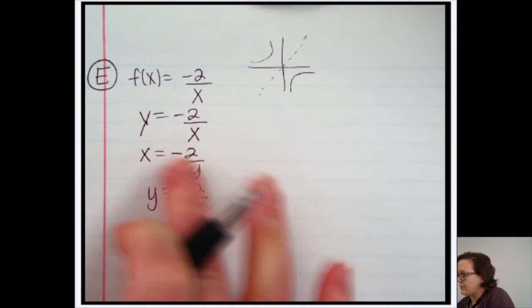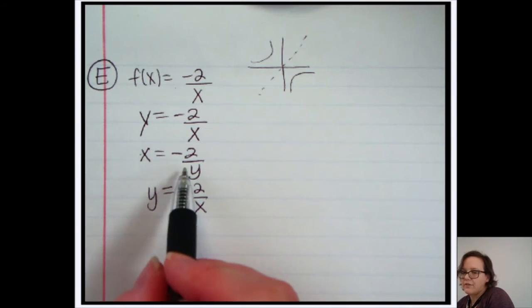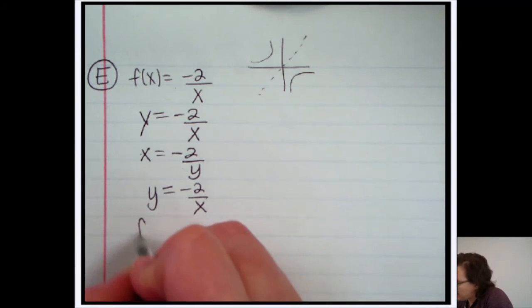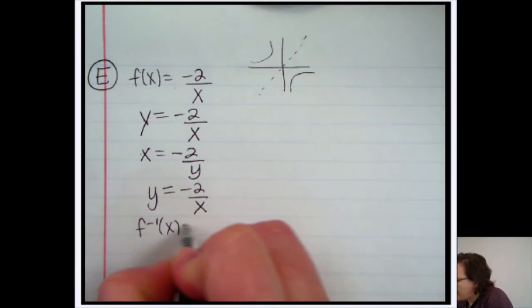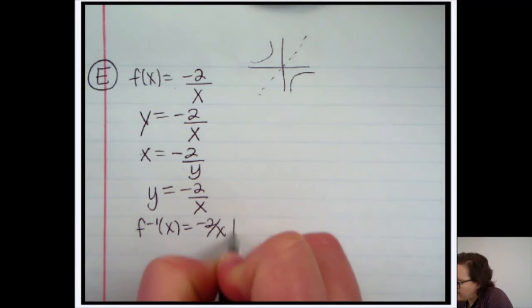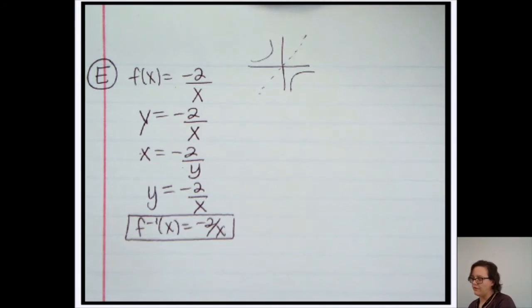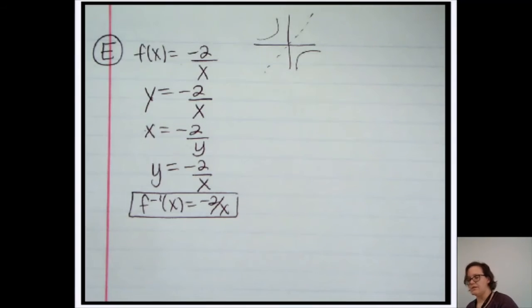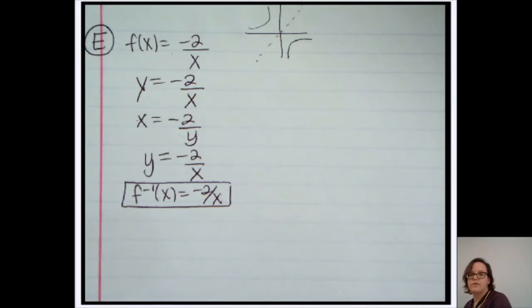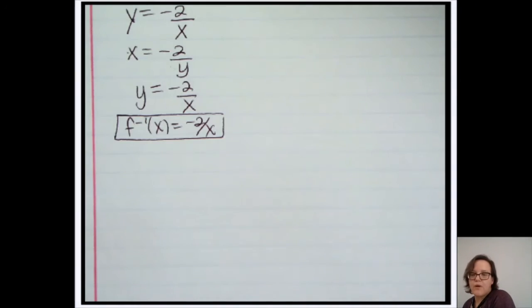Or we can cross multiply and get there, but remember diagonals can switch places. So we do find out that negative 2 over x is its own inverse. Okay, and we could confirm that by graphing. Okay. So now let's look at one more.